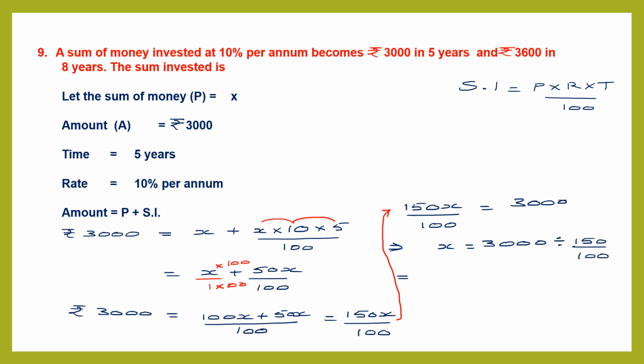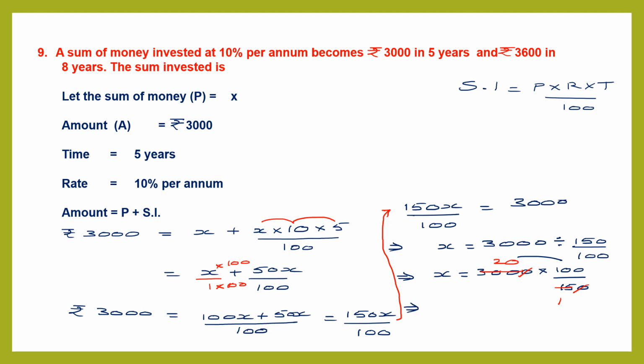Now we know how to do division of fractions. The first one remains the same. Division changes to multiplication and we write the reciprocal, 100 by 150. Now let's cancel. I can cancel this 1 0. I can cancel 15 and 300. 15 ones are 15, 15 twos are 30 and a 0. Now let's multiply 20 into 100.